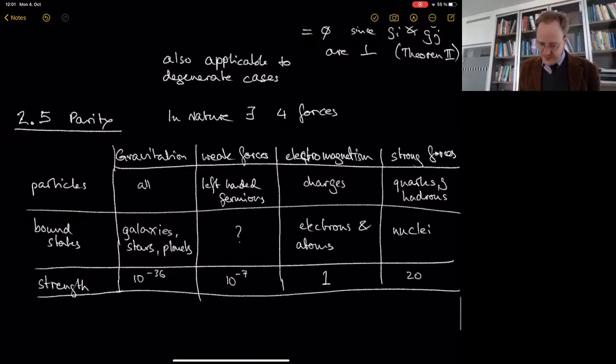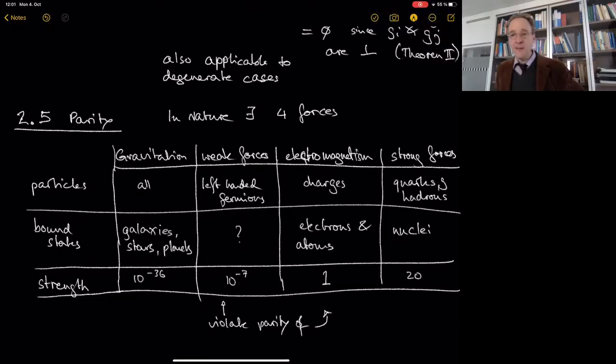Now, these weak forces violate the parity of your electrons. And this is something we want to talk about. This violation basically means that enantiomers in chemistry are, strictly speaking, not energetically degenerate.